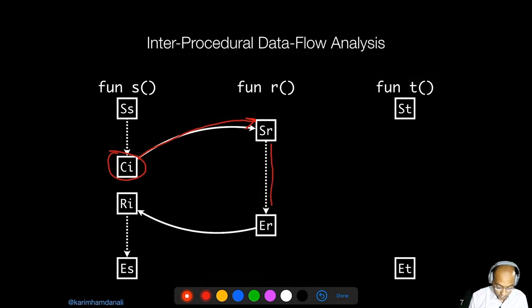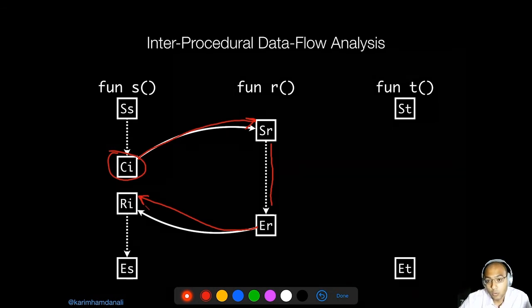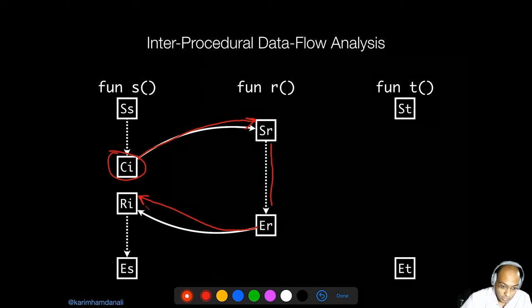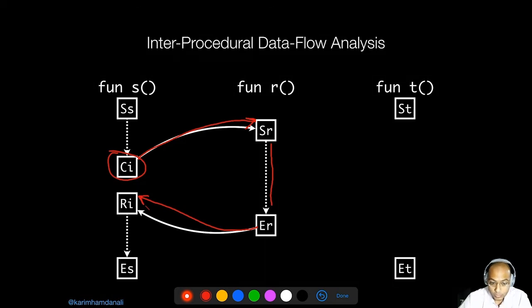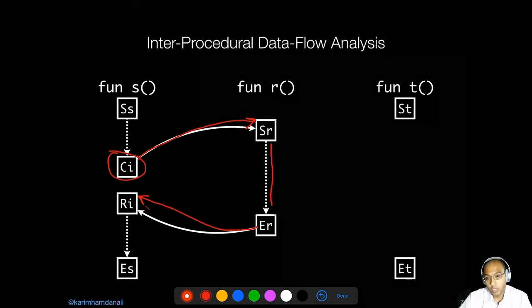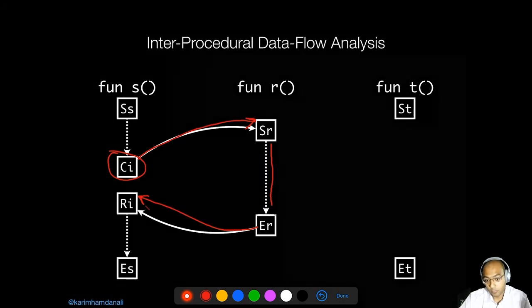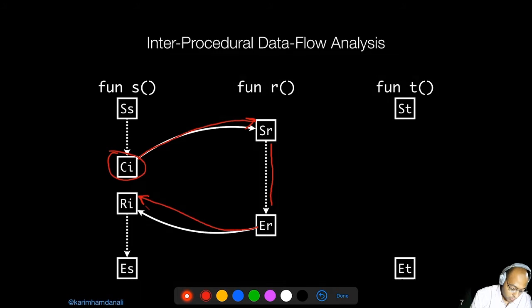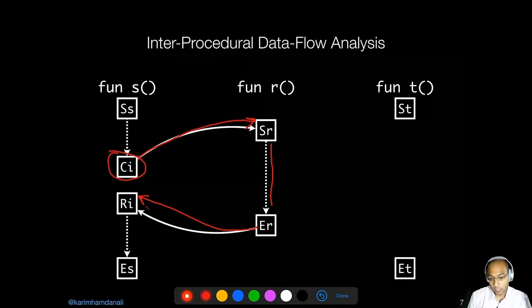Once the method ends, we're going to join that end node to the return point of that call site. So every method call in your program will be represented by two nodes: a call node that happens at the call, then the return node, which is the return right after the call. We're going to have this pair of nodes for every single call site in our program.